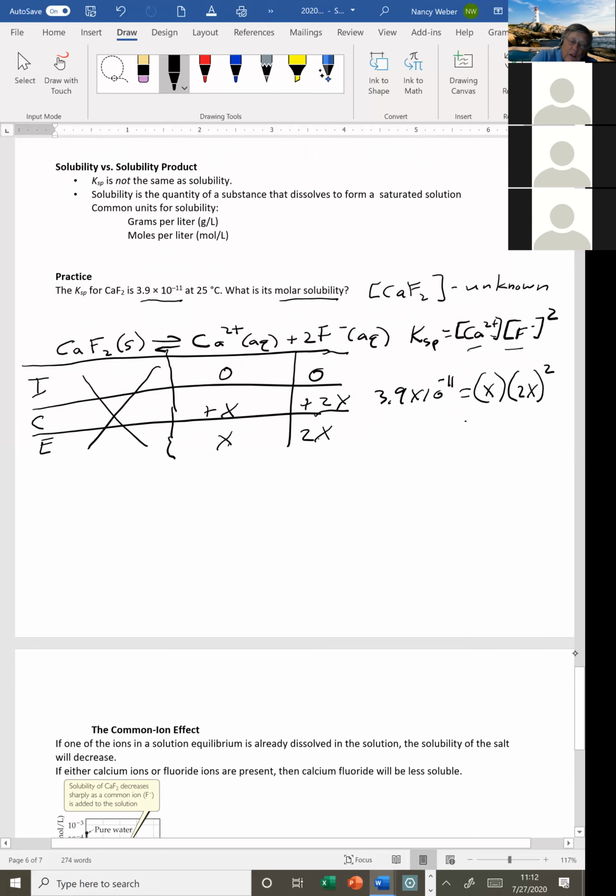So this part is going to equal X times 4X squared. So that's going to be 4X cubed. So I'm going to divide both sides by 4.